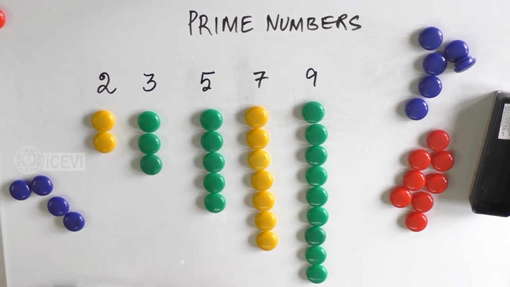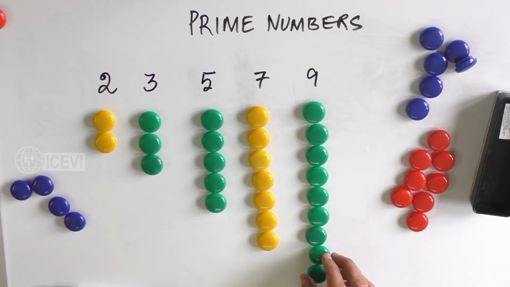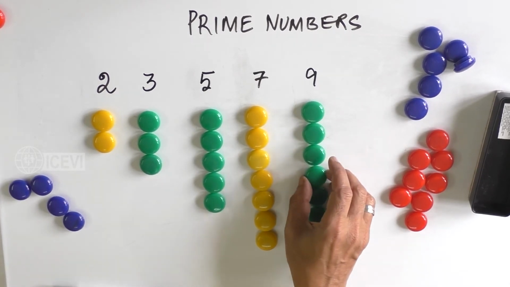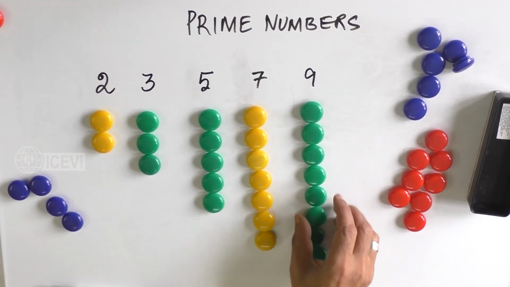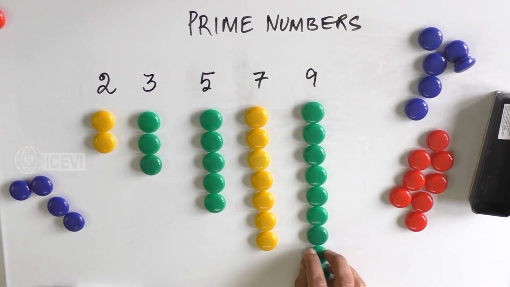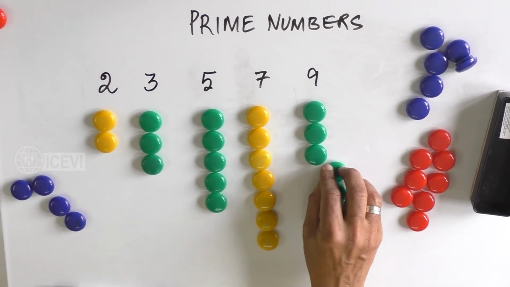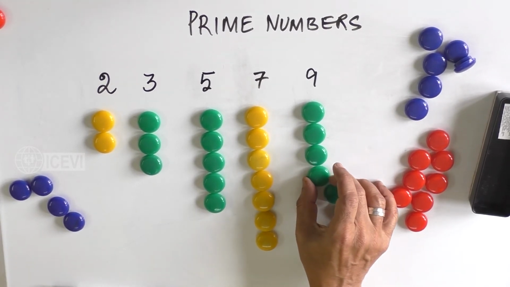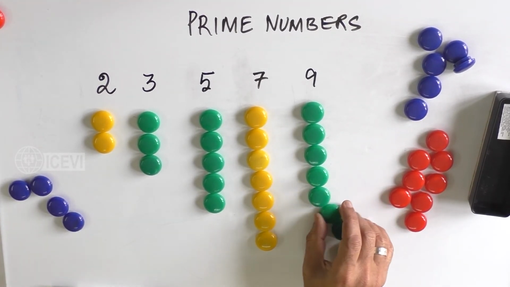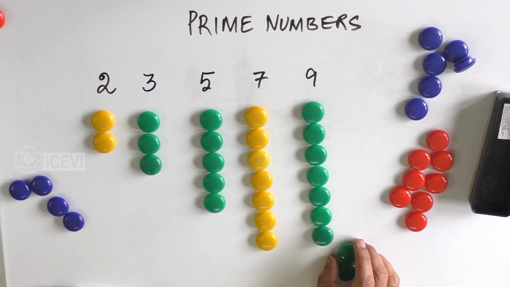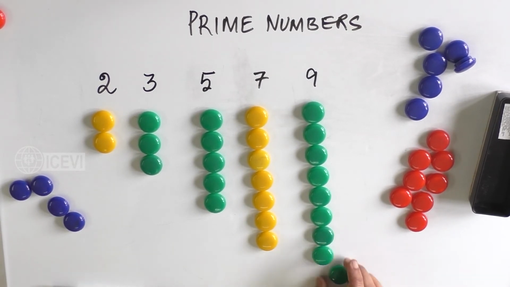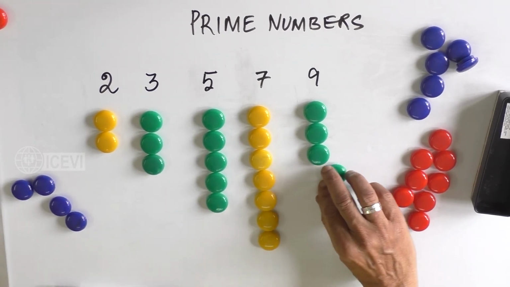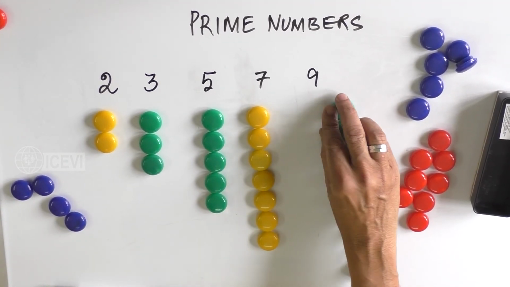Now you have to find out whether 9 is divisible by any number other than 1 and 9. Now if we take 2, 2, 2, 2, 2, 1 is a remainder. So 2 is not a divisor of 9. Now let us take 3. Take 3 at a time. 3, 3, 3.